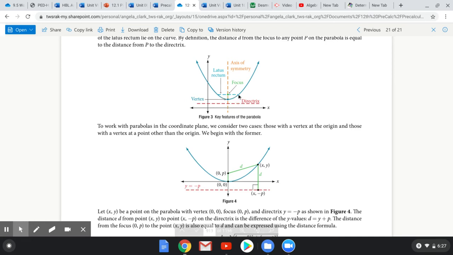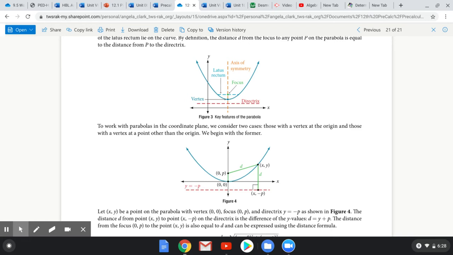This line, we don't often use the name of this line. It's called the latus rectum. And basically it's just the line that's parallel to the directrix that goes through the focus. So it goes straight through the focus and then the parabola at 2 points.